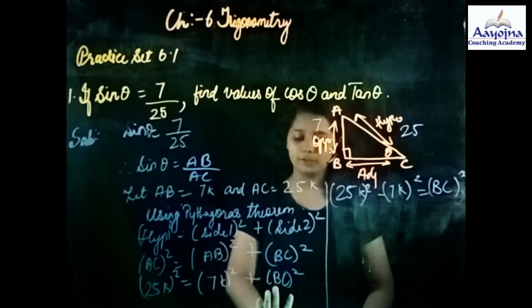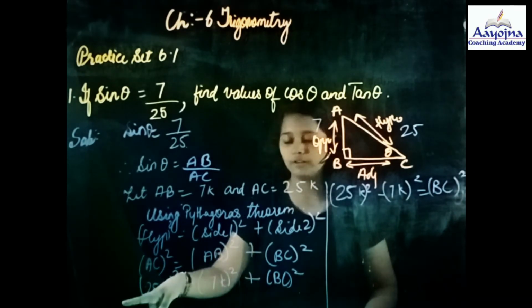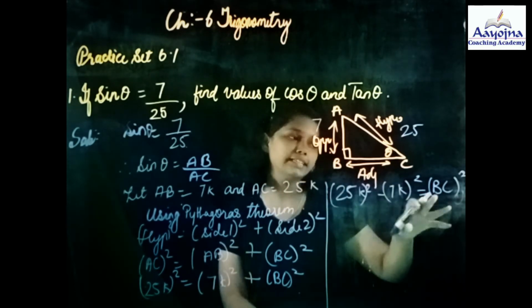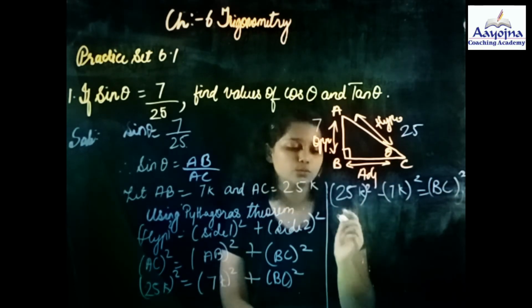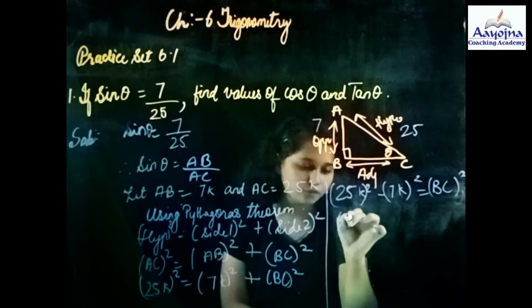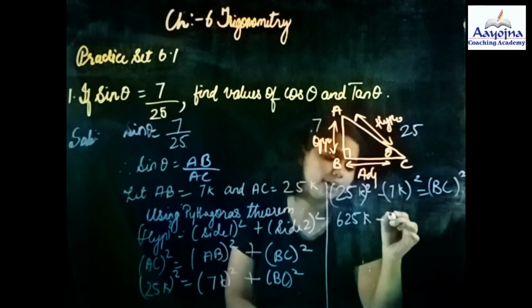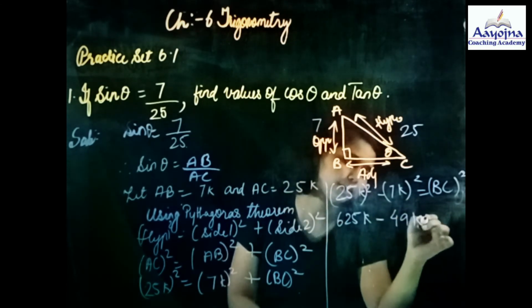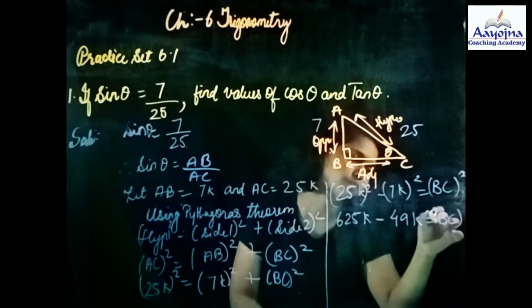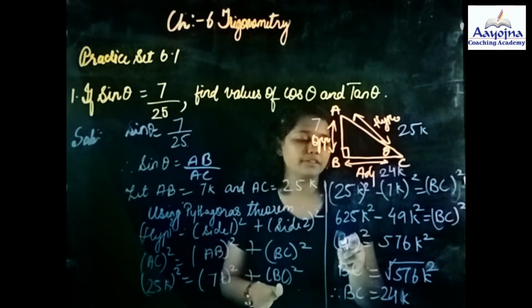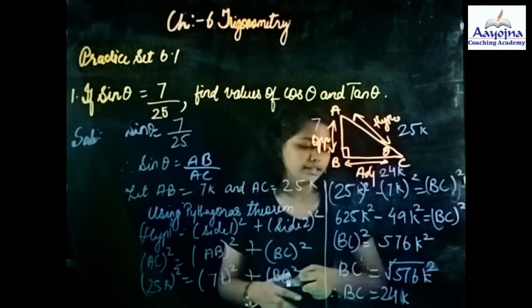So BC I have kept here only and I have transposed 7K to that side, so it becomes 25K square minus 7K square is equal to BC square. Now 25 square is 625K square, and 7 square is 49K square. So BC square is equal to 625K square minus 49K square.